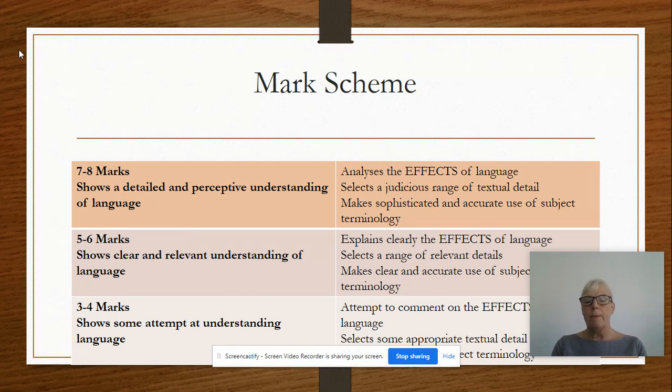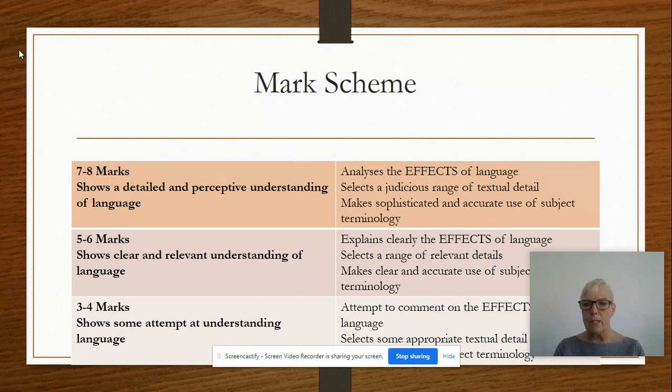When we're down just before that grade 4 into a grade 3 response, which would score about 3 to 4 marks, it's showing an attempt at understanding language. So it might be that you make a comment on the effect, but you don't really do it in any major detail.